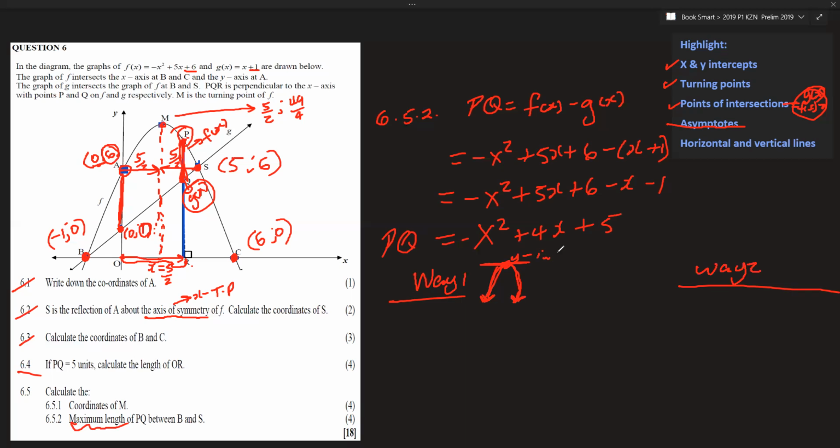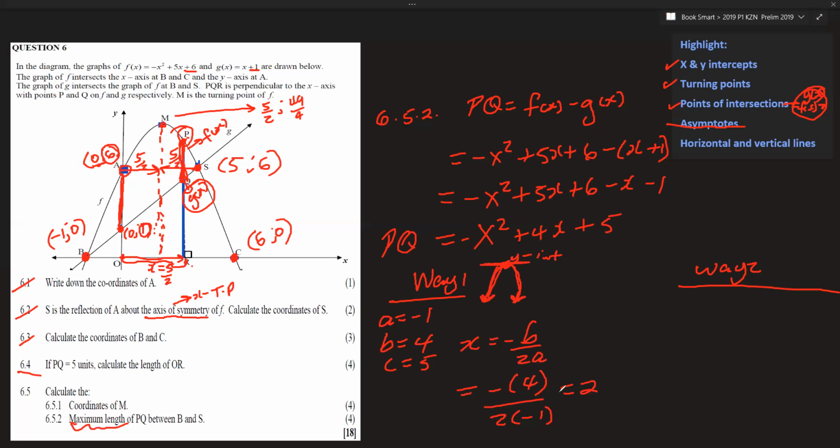So I can see that my A is negative 1, my B is 4, then my C is 5. Remember, axis of symmetry is negative B over 2A, which is negative 4 over 2 times negative 1, which is 2.